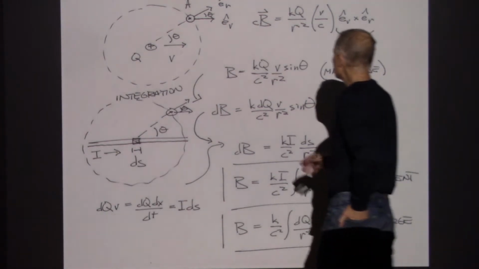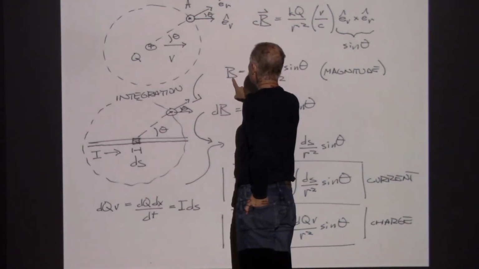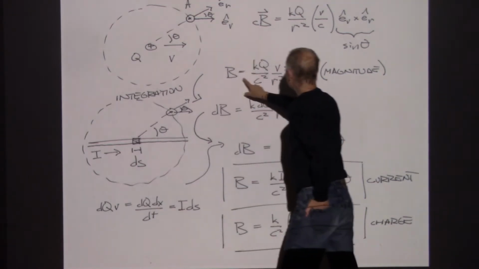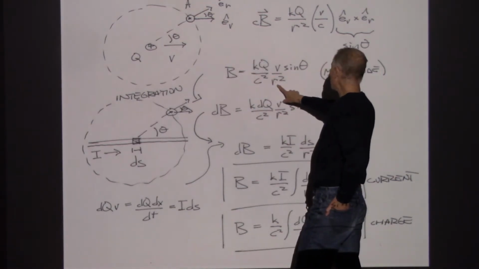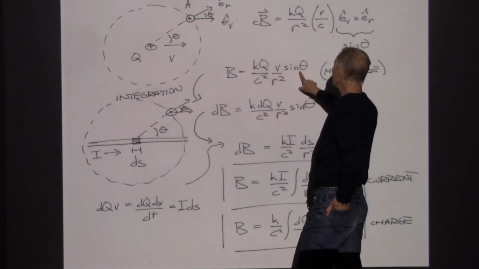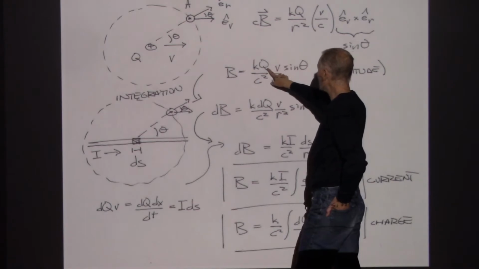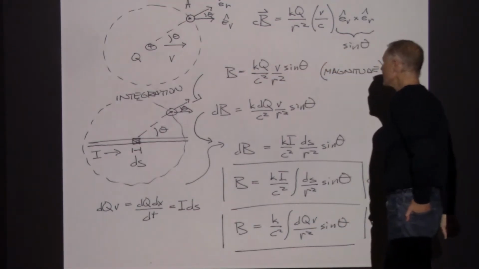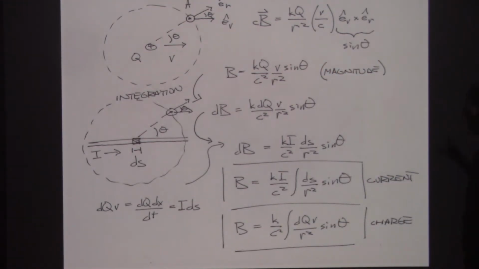What that gives us is a magnetic field formula that depends on how far I am away from the charge and what angle I'm looking at. It also depends on how much charge I have and how fast the charge is moving. So that's going to give me a magnitude, and then the diagram is showing the direction.